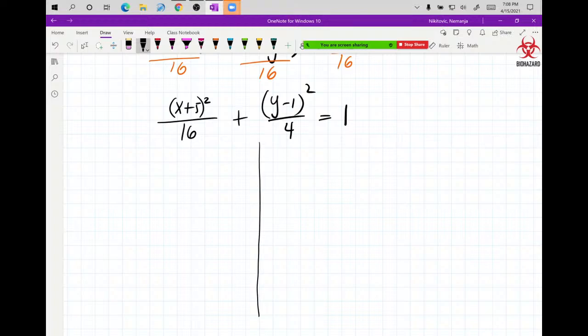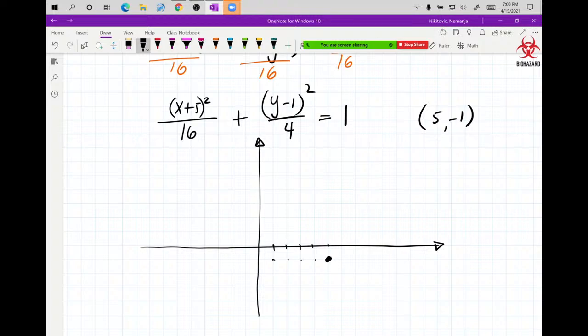And we can take a look at the application of some kind. 5, negative 1 is the center. And then we go 4 left and right. 1, 2, 3, 4. 1, 2, 3.